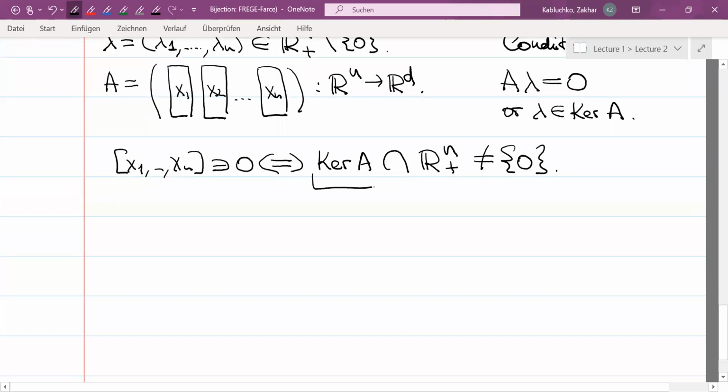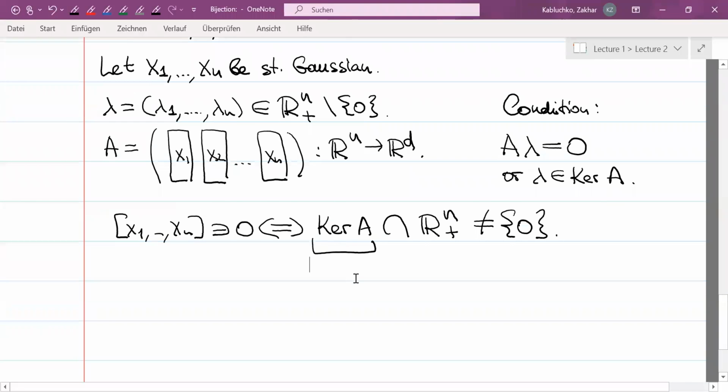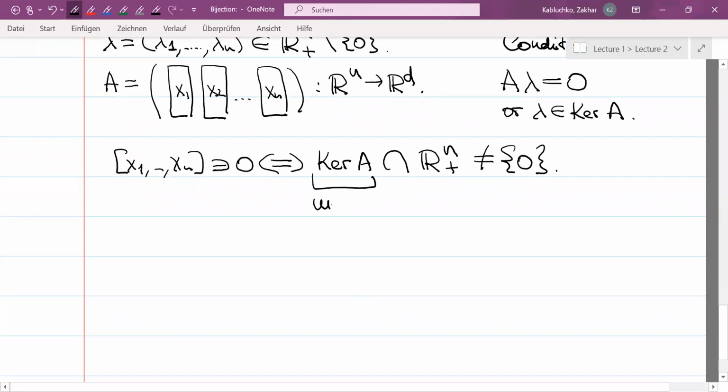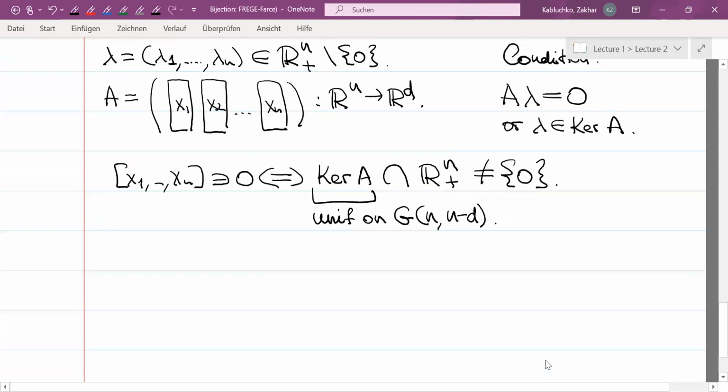And because the matrix A is Gaussian, it's a Gaussian random matrix, this linear subspace is uniformly distributed on the Grassmannian of all n minus d dimensional subspaces, because it's a matrix from R^n to R^d. So d coordinates, we have d conditions. We assume n is greater than d always. We have d conditions, so we have to subtract these d conditions, and here it is.